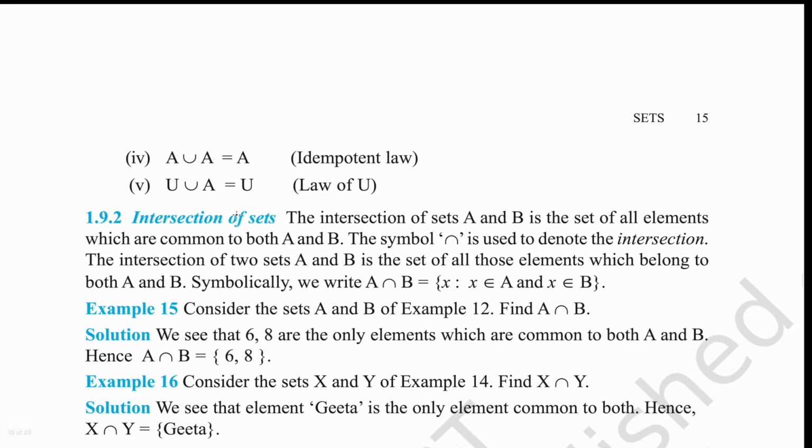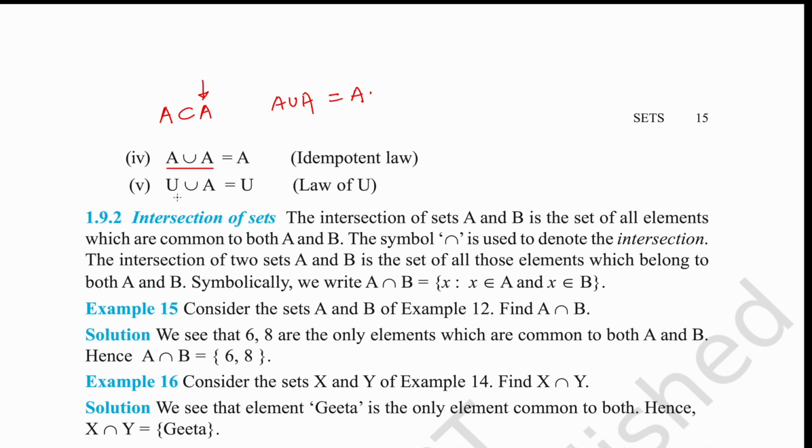And then you have idempotent law. So if you take union of any set with itself, you'll get the set A itself. And this again follows the same rule, since we know that every set is a subset of itself. So if you take the union of the two, you'll get the larger of the two sets. And in this case, both the sets being same, you'll get the set A itself, right?